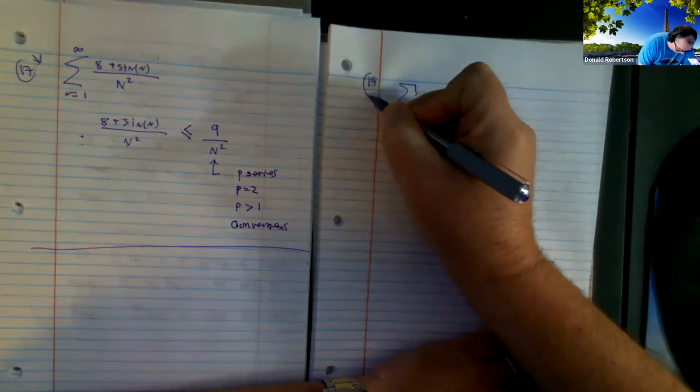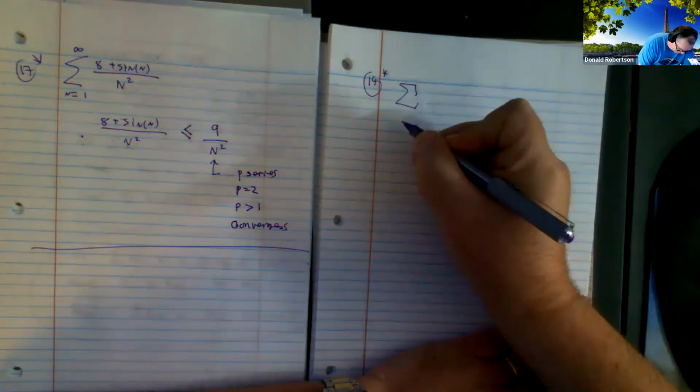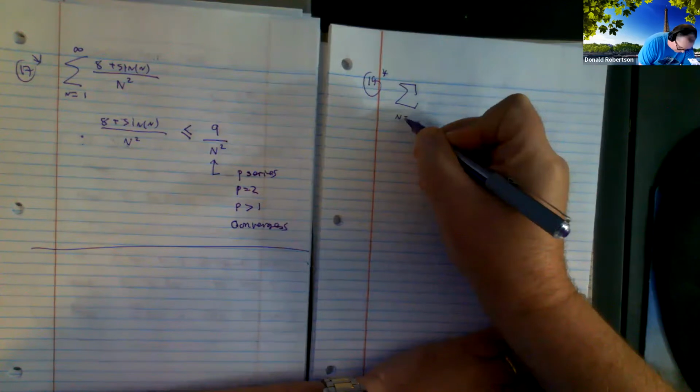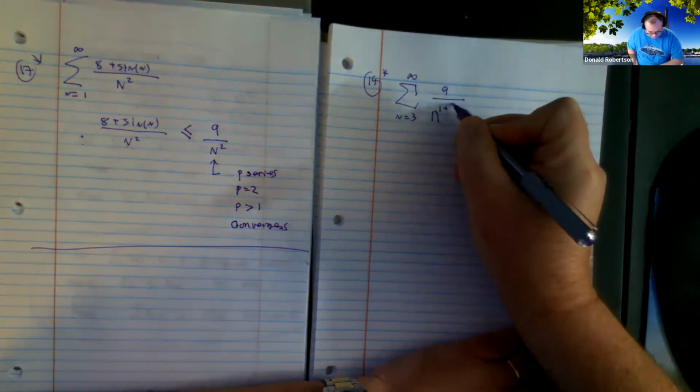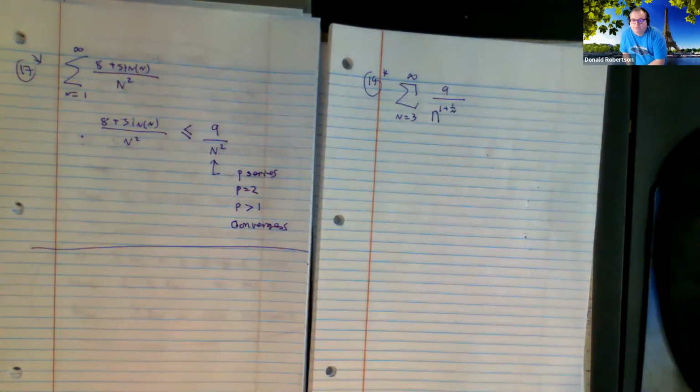This one is question 19. Oh, goodness gracious, look at that ugly guy. N to the power of 1 plus 1 over n. Agree?